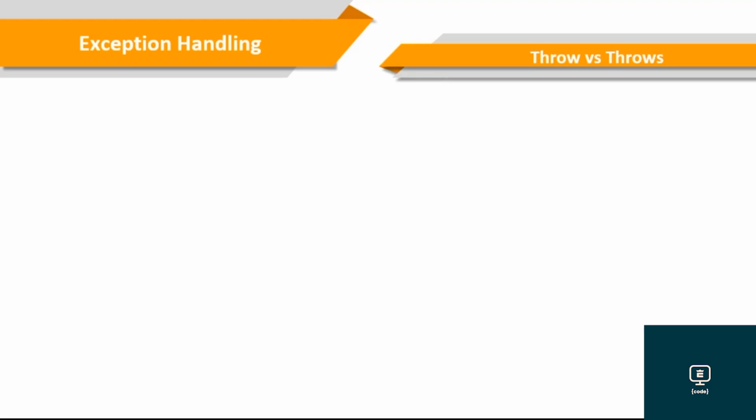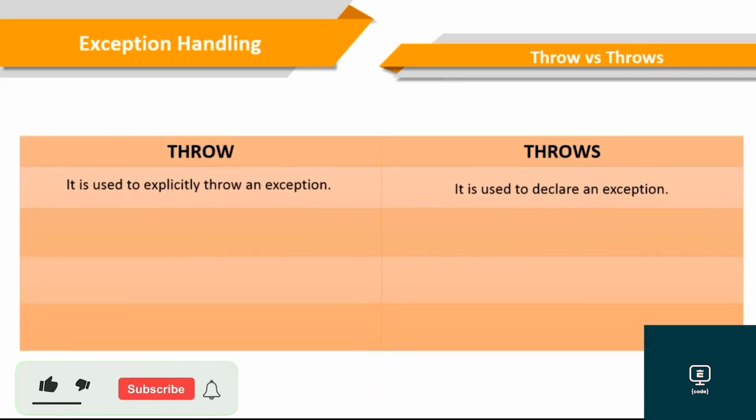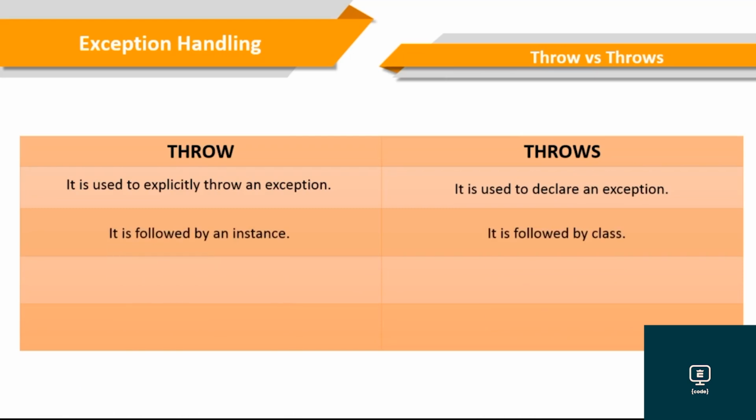So let's compare throw and the throws keywords by using a table to understand it better. The keyword throw is used to explicitly throw an exception. The keyword throws is used to declare an exception. Throw is followed by an instance.